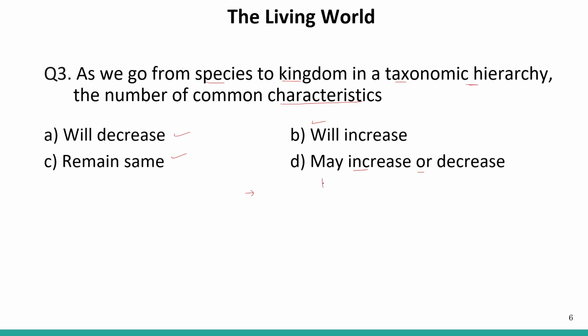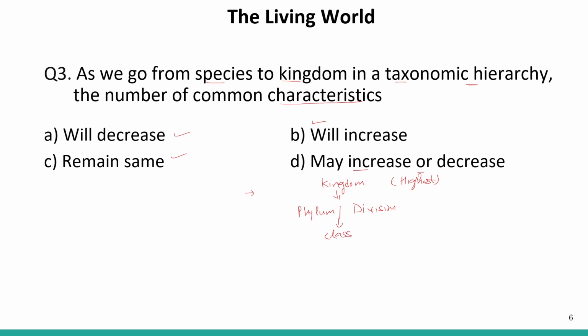So again, the highest taxon or taxa is kingdom. Highest. Okay. After kingdom, what do we have? We have the phylum. We call it phylum in case of animals, or we can say division in case of plants. Then what do we have?